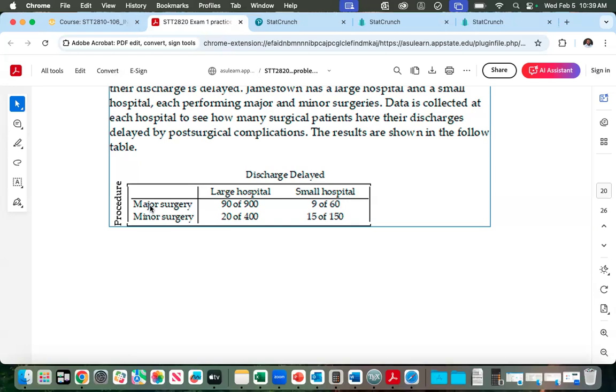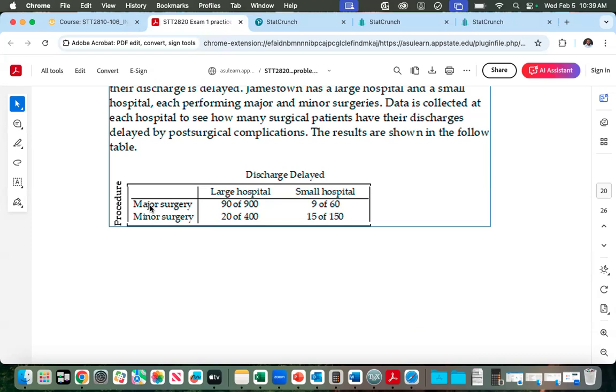So 90 plus 9 divided by 900 plus 60. What do you get? 10.3%.